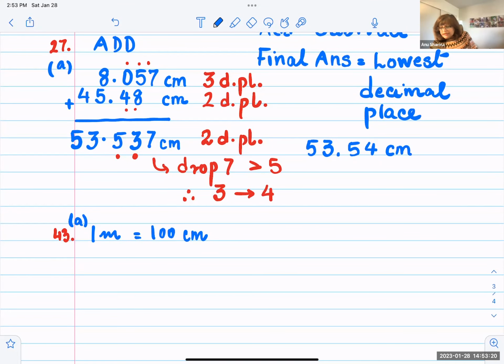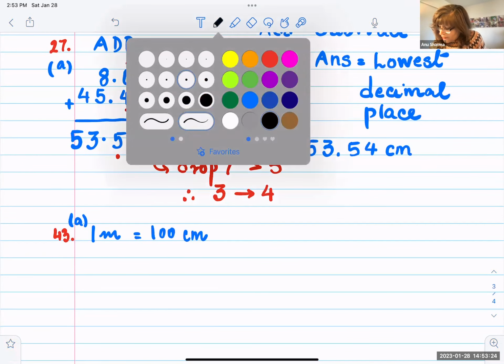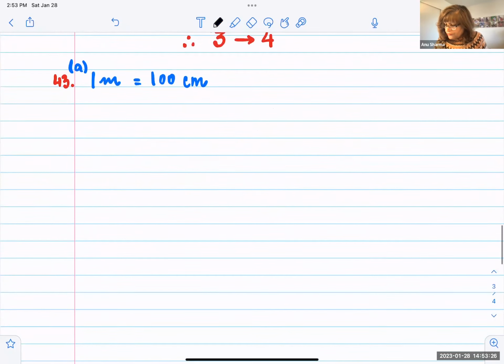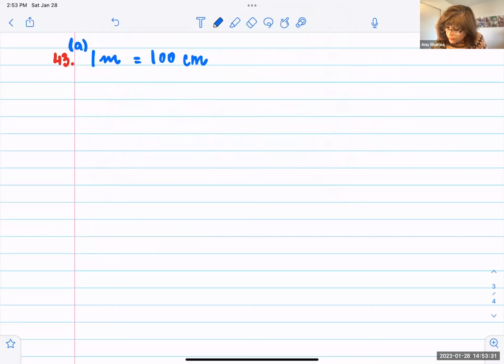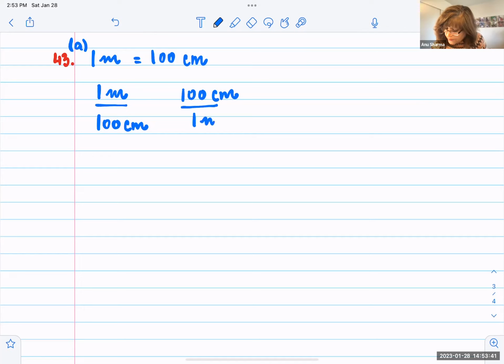Okay, so 1 meter is 100 centimeters. Centi is 100. So this is the equality for the first question. How are we going to write the conversion factor? Very simple: 1 meter over 100 centimeters, or 100 centimeters over 1 meter. These are the two conversion factors.